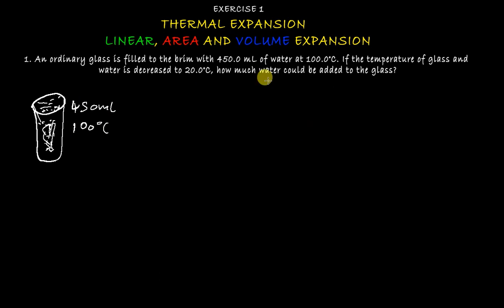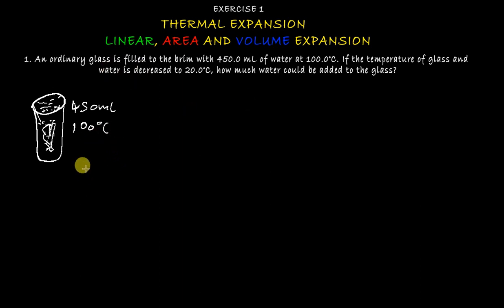Now what happens if they decrease the temperature? According to the anomalous behavior of water, when water is increased from 4 degrees going up, it increases in volume, and if the temperature is decreased from 4 degrees to 0, it also increases in volume. Something like this.